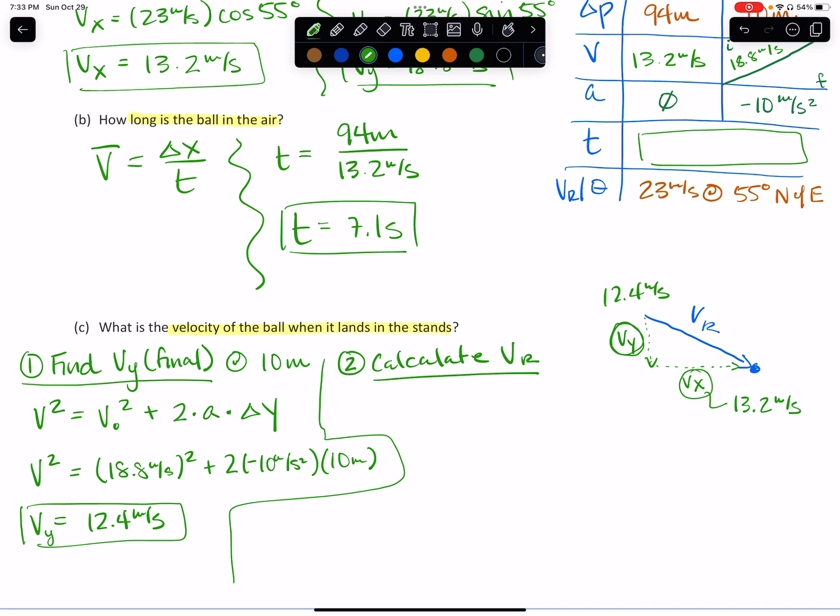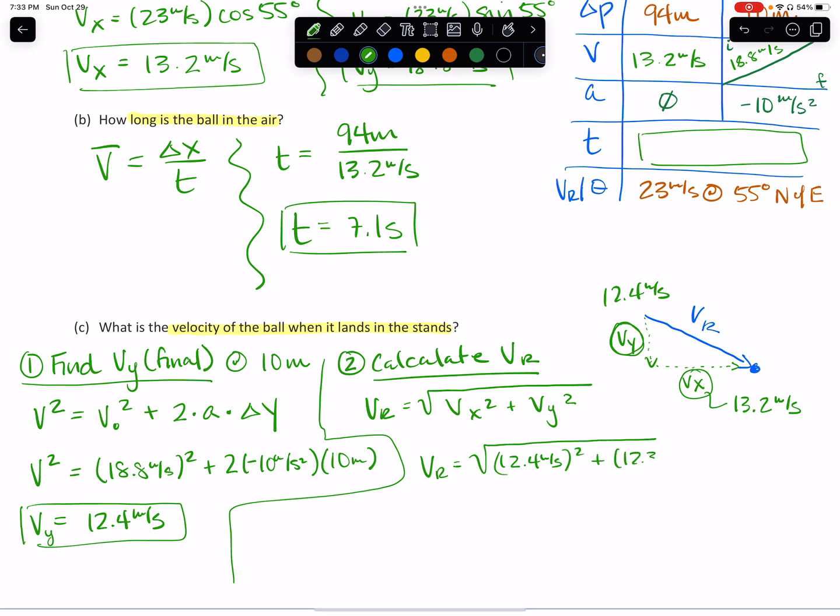That resultant value is equal to the square root of vx squared plus vy squared. So we're going to plug those values in. We've got 12.4 meters per second squared plus 13.2 meters per second squared. We plug all that in, and we find that our resultant velocity is 18.1 meters per second.